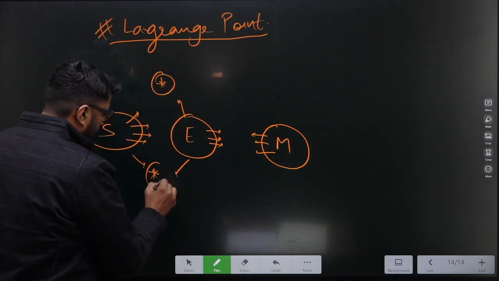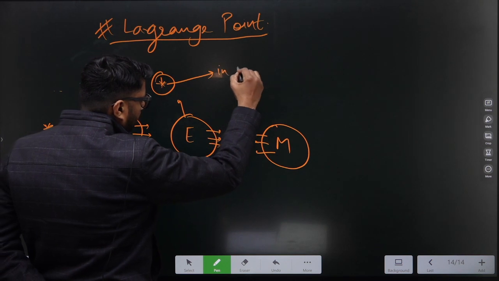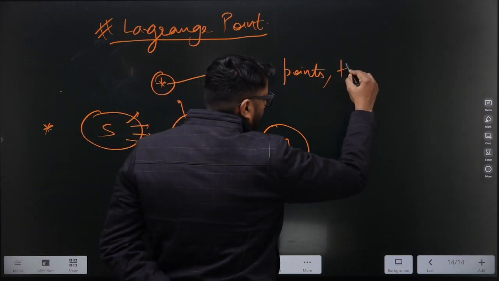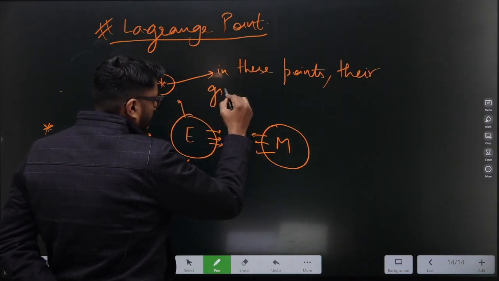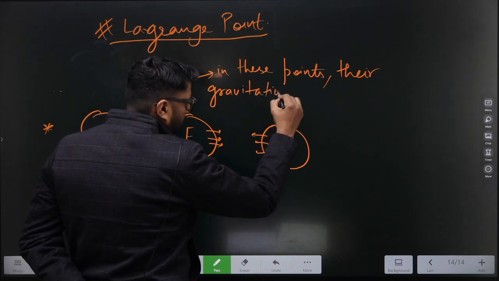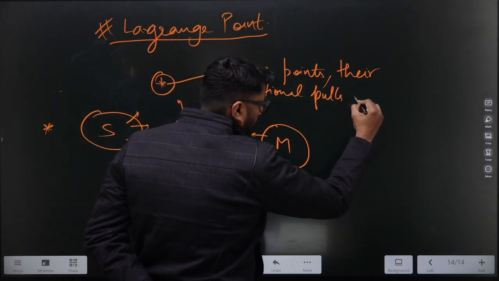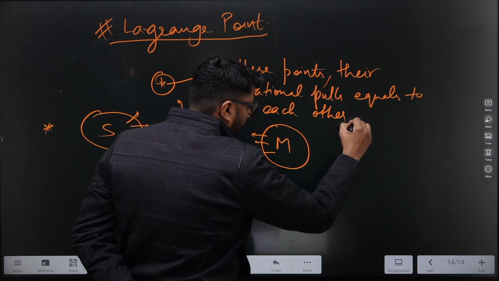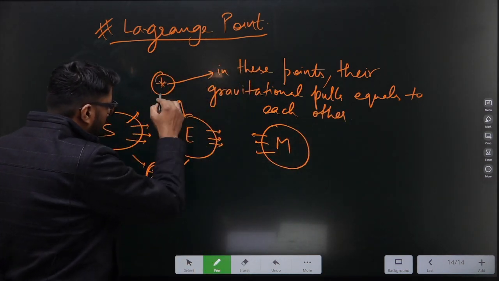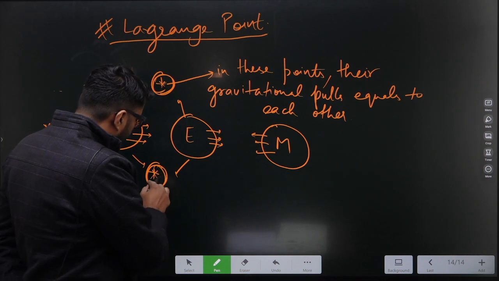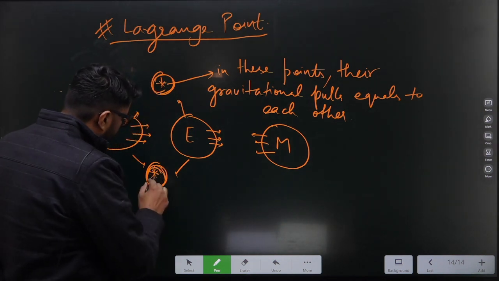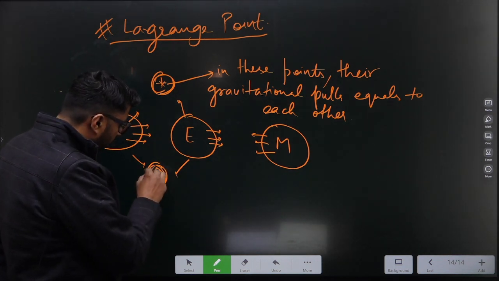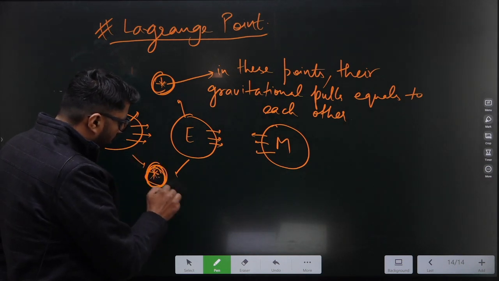So if we put a satellite here, that satellite is not moving, it is stationary here, and it can also analyze the Sun, the Earth and also the universe.